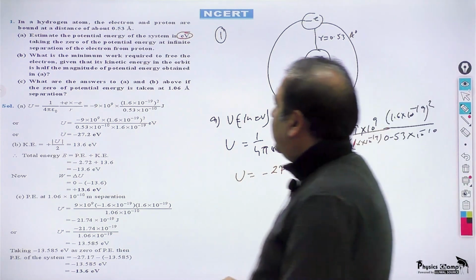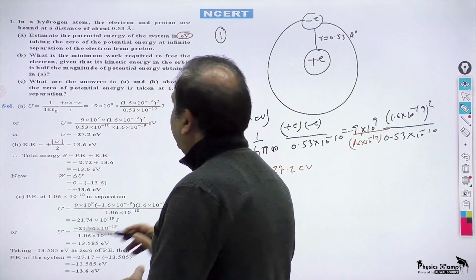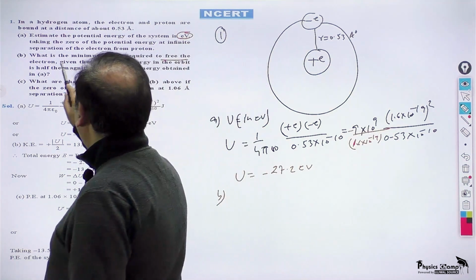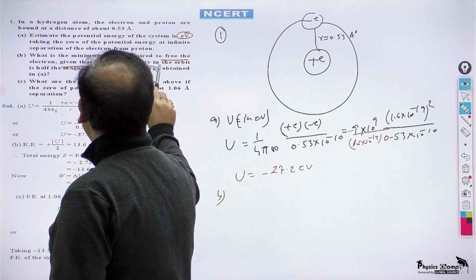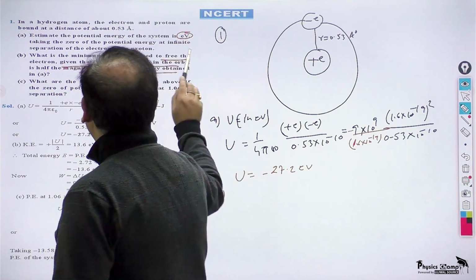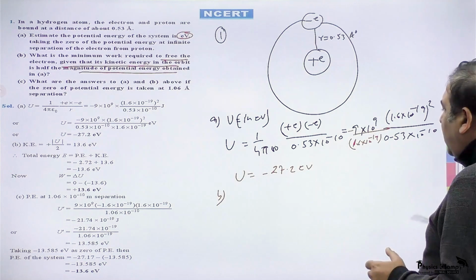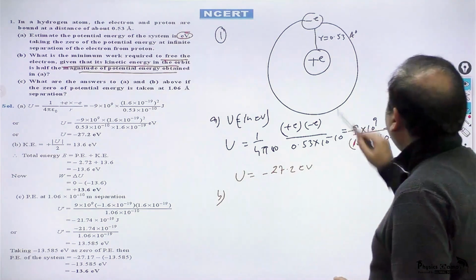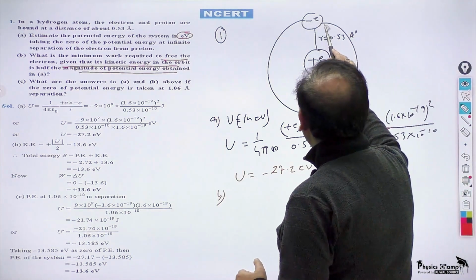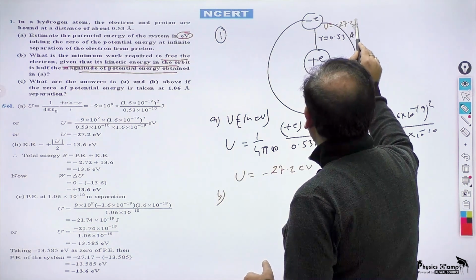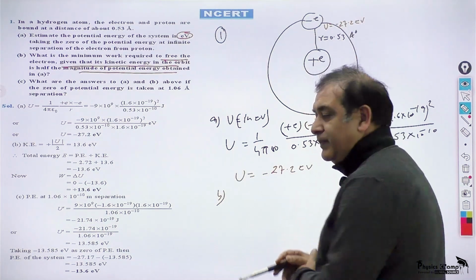In part B, what is the minimum work required to free the electron, given that its kinetic energy in the orbit is half the magnitude of potential energy? So, that's okay. We have calculated that in this system the electric potential energy is minus 27.2 electron volt.